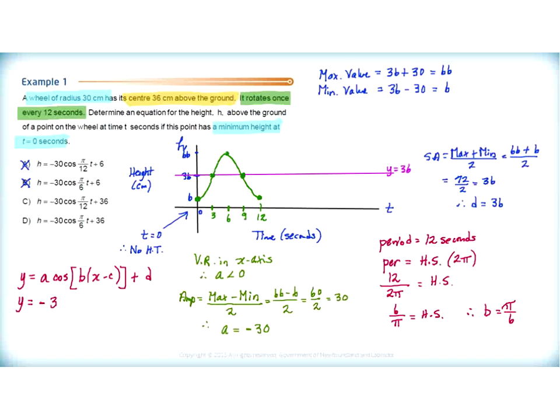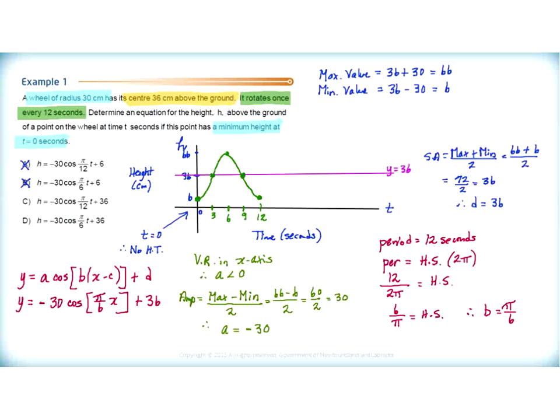The amplitude is equal to 30, multiplied by the cosine of b, which is pi over 6, because the horizontal stretch was 6 over pi, and that will be multiplied by x minus 0, since there is no horizontal translation or phase shift. We will add 36 at the end, since the center line is 36 centimeters above the ground.